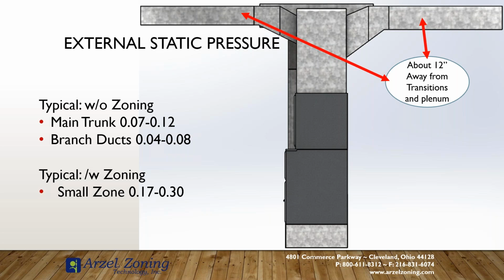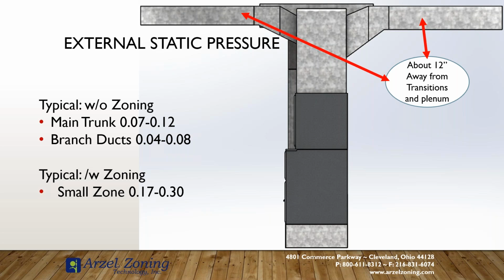Because once you start exceeding that 0.25 and you're pushing it up close to that 0.3, and this is our external static, so this isn't our static running through our equipment. But when we start pushing it up too high, we do create objectionable airflow noise. We have that velocity noise coming from the registers, potential for a whistle, depending upon what kind of registers we use, and that can be a nuisance for our customers.